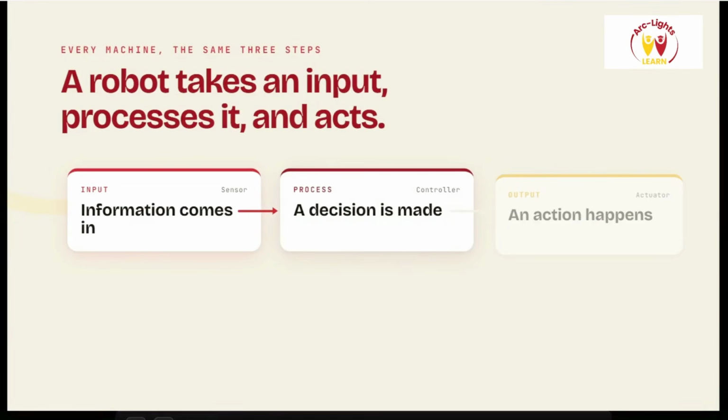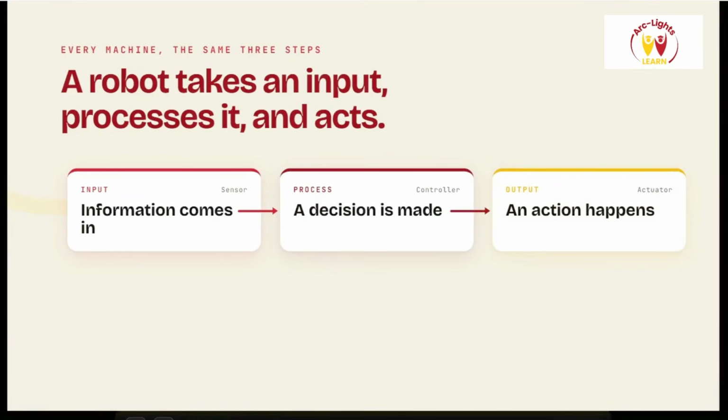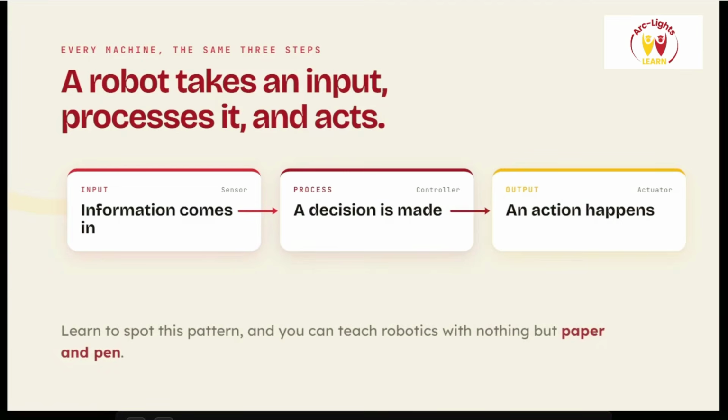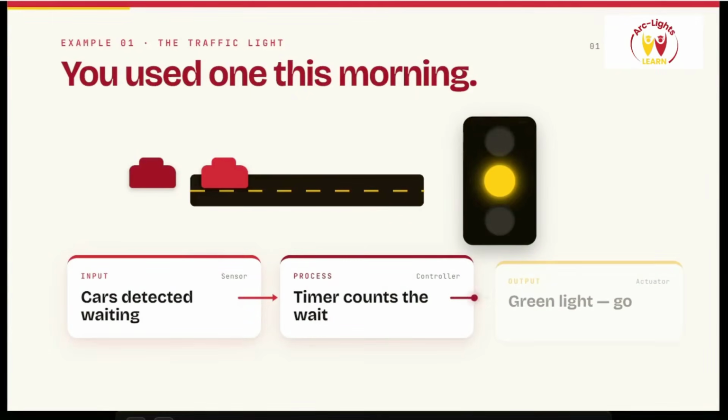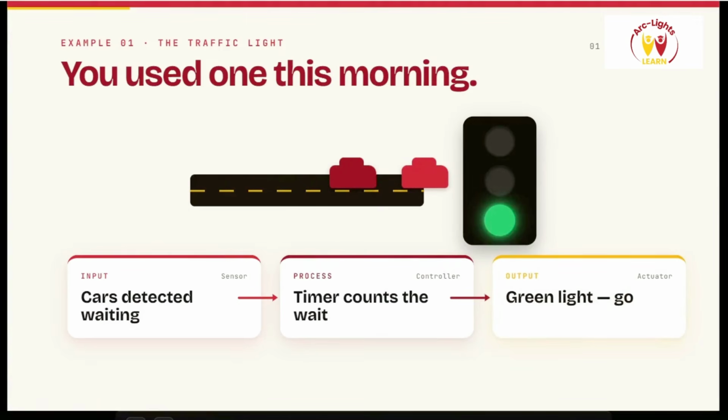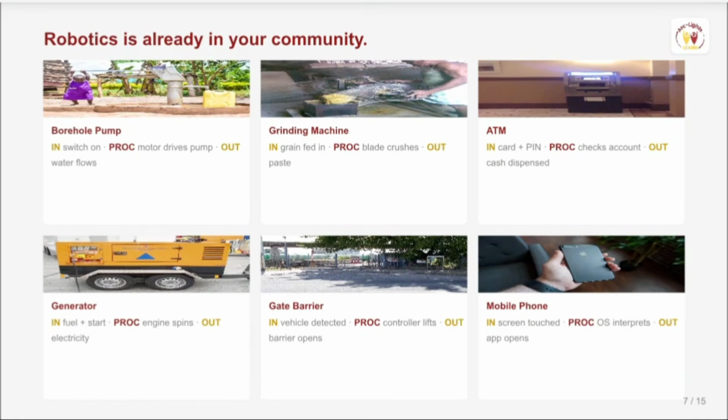Now let's recap. Pause and read what you see on the screen. The traffic light is just the beginning. Every machine on this grid is in your neighborhood right now, and every one of them is a robot.